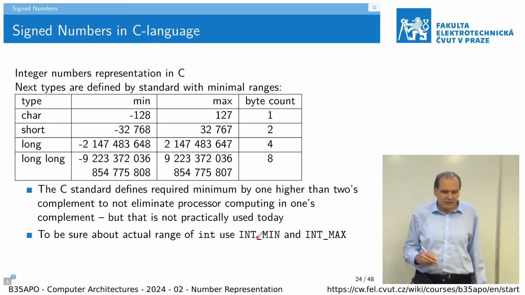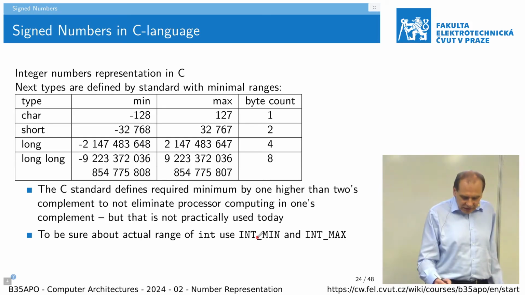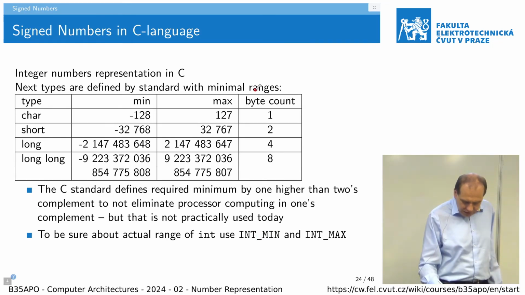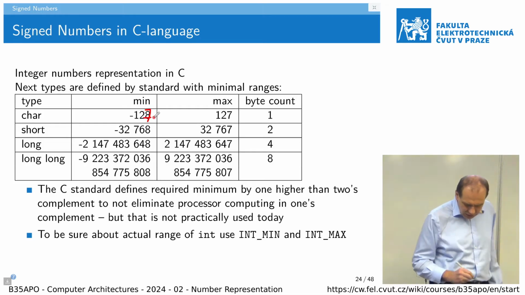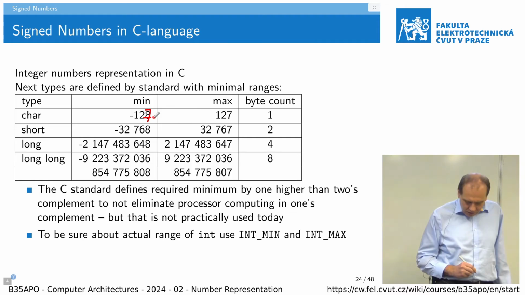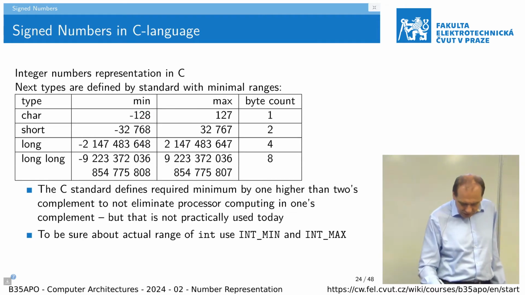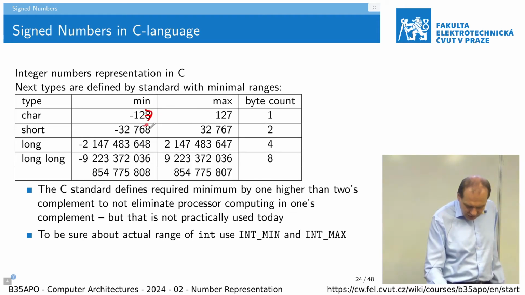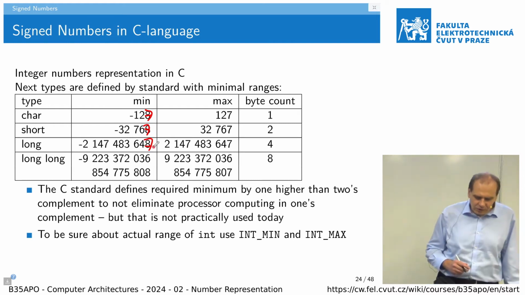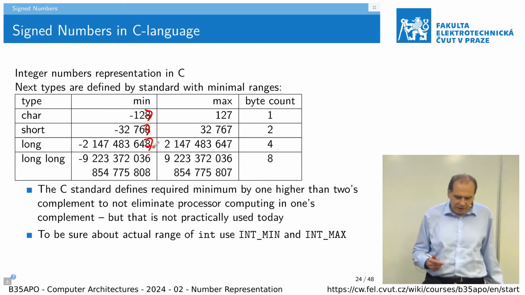And for the C language, there is a typical representation which specifies the minimum ranges. But I'm not sure if it is not in the standard. This is typical, this range. But I think that in the standard it is one less, that it allows even one's complement representation.